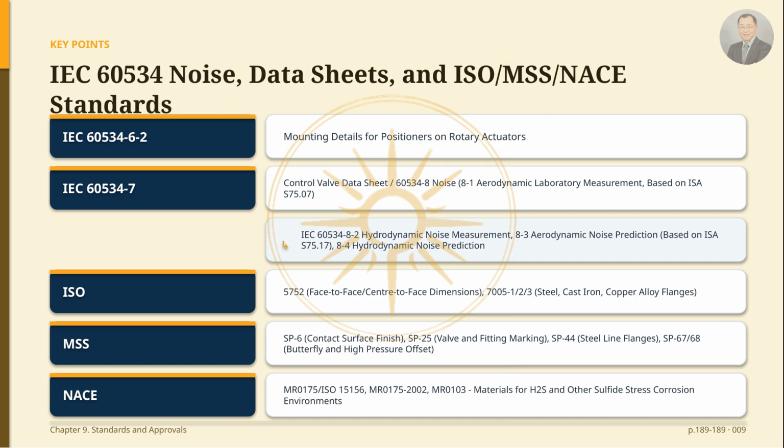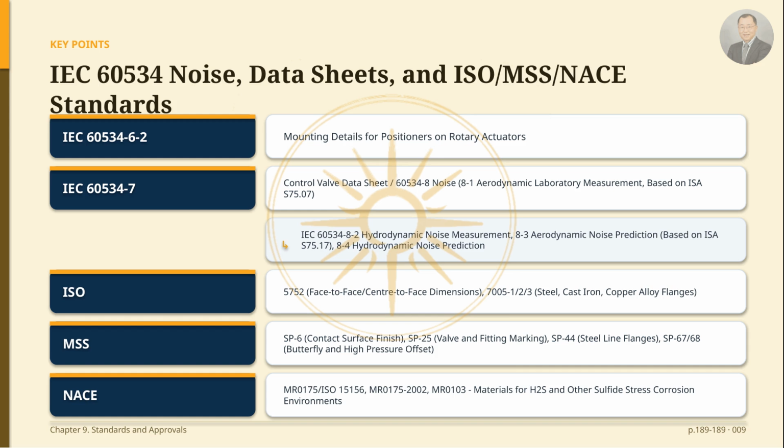From ISO, 5752 covers face-to-face and center-to-face dimensions, and the 7005 series specifies steel, cast iron, and copper alloy flanges. For MSS, SP-6 covers contact face finishes, SP-25 covers marking for valves and fittings, SP-44 covers steel pipeline flanges, and SP-67 and 68 cover butterfly valves and high-pressure offset butterfly valves.